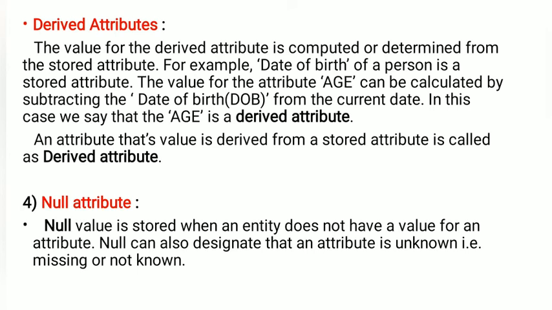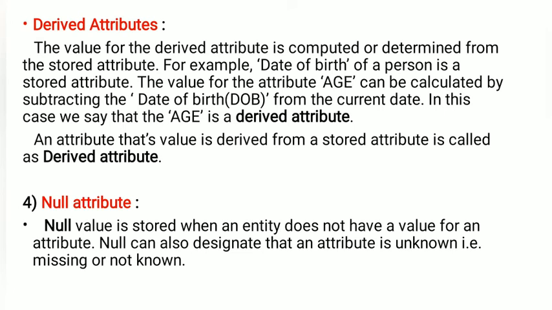For this particular case, the meaning of null is not applicable. Null can also be used when we don't know the value of an attribute. For example, we don't know the phone number of a particular person. Meaning of null would be unknown.